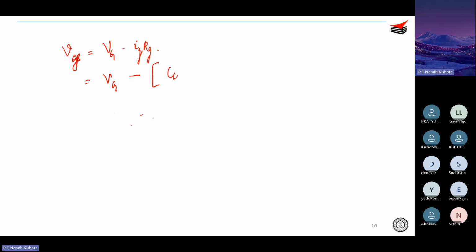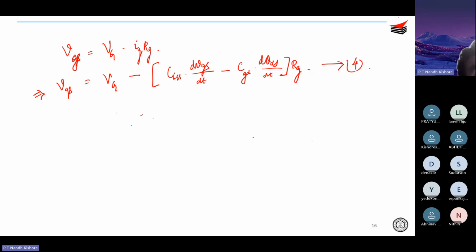that is CISS into dVGS over dt minus CGD into dVDS over dt, into RG. Okay, so this is your VGS. I will call this equation 4. Now you see that this VGS is, of course, a function of time.